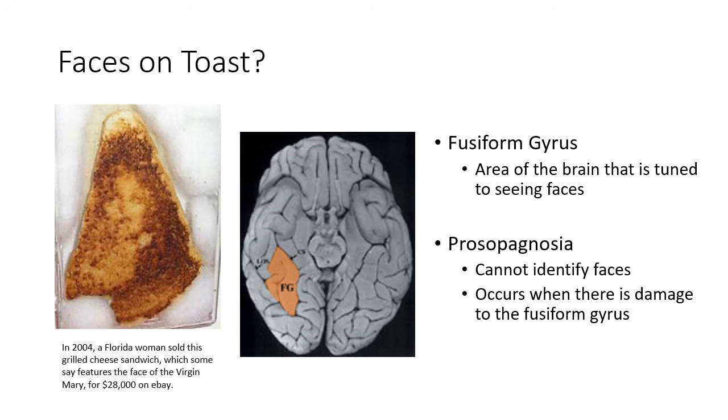What can happen with damage to this area is what's called prosopagnosia. It's prosopagnosia. I just cannot pronounce anything today. So the prosopagnosia, it's with damage to the fusiform facial area, and what you get here is an inability to identify faces.